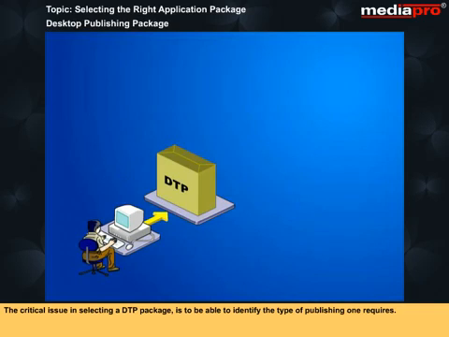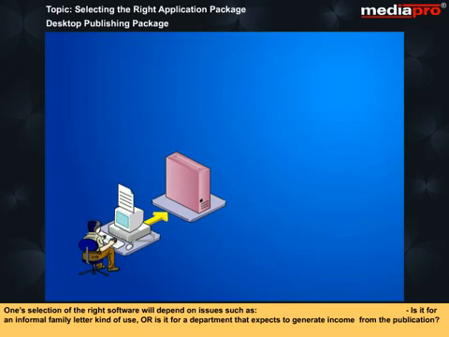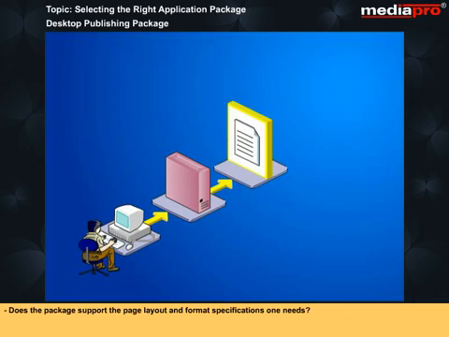The critical issue in selecting a DTP package is to be able to identify the type of publishing one requires. One's selection of the right software will depend on issues such as, is it for an informal family letter kind of use, or is it for a department that expects to generate income from the publication? Does the package support the page layout and format specifications one needs?